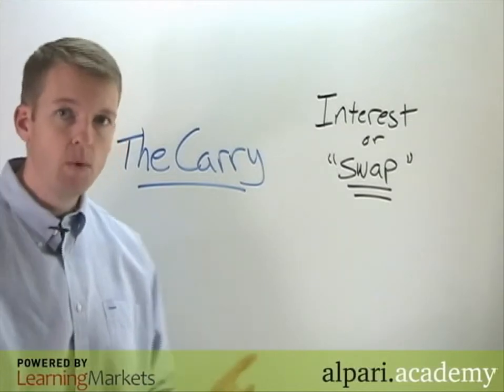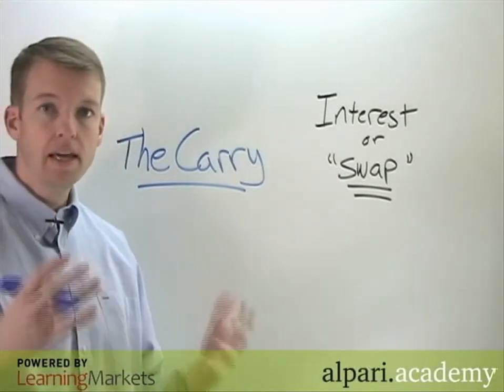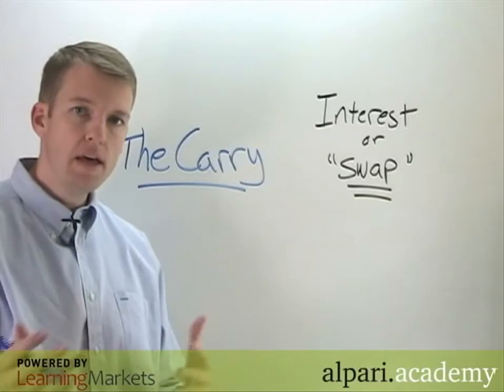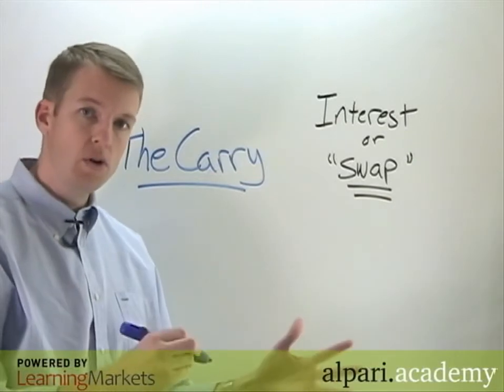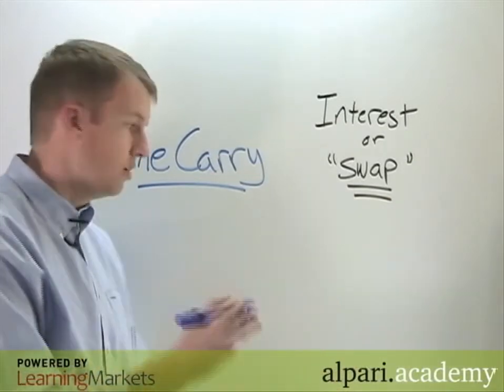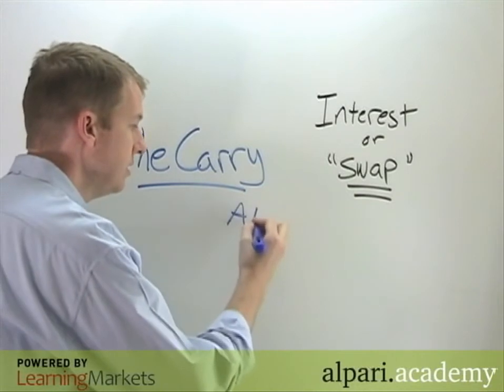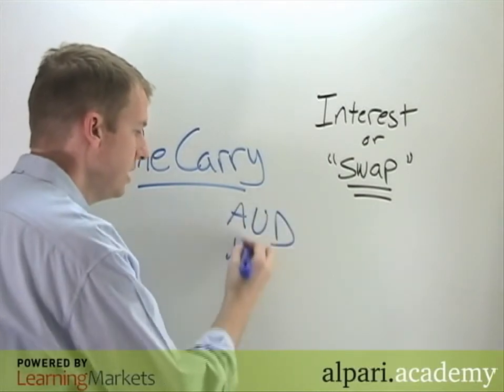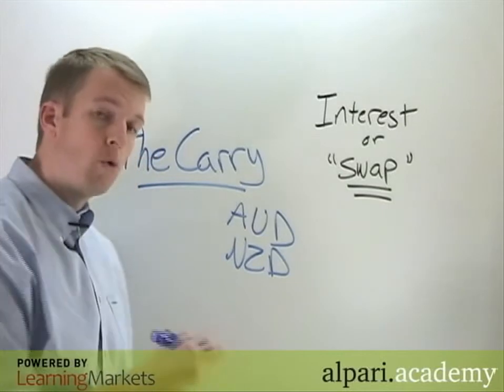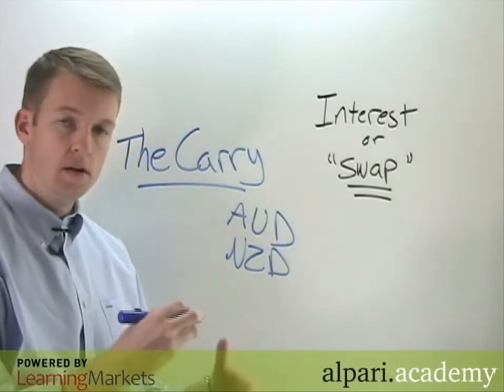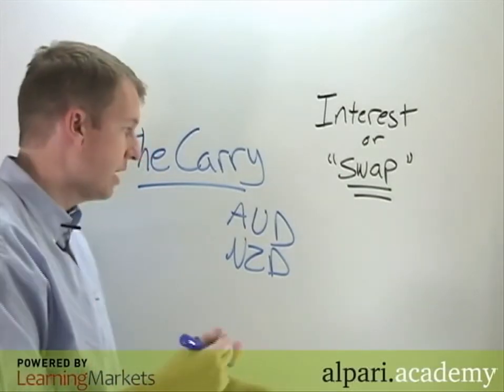Another version of this, by the way, is that traders will accumulate a carry trade portfolio. They may be long several high interest bearing currencies like the Aussie, the Kiwi, and even some more unusual crosses, like the Krona recently.